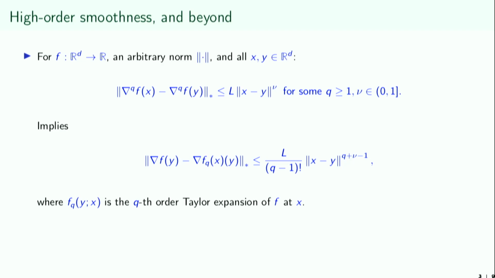And this is relevant because the algorithms are going to exploit that we can call an oracle that returns the first q derivatives of our function, construct this Taylor expansion, and then optimize that, or a regularized version of that, in order to optimize f.